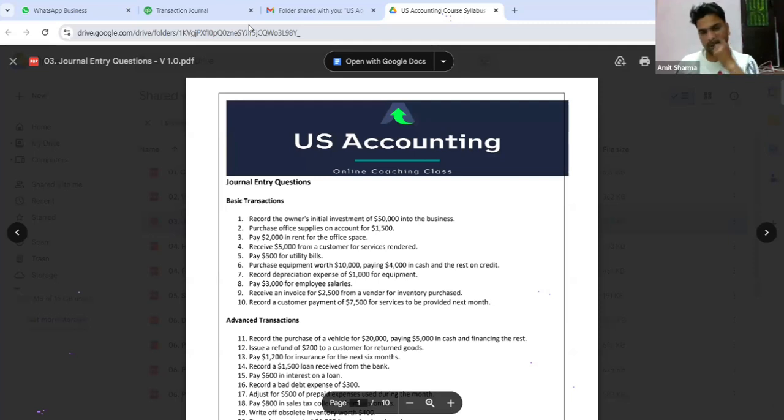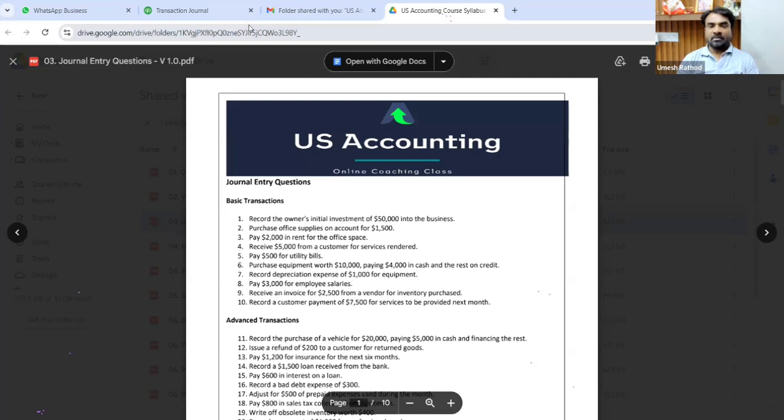So what will happen? Inventory account debit, because we are purchasing inventory, and inventory is our asset. Whenever assets increase, you have to debit them, just like when the bank account balance increases, we debit it.